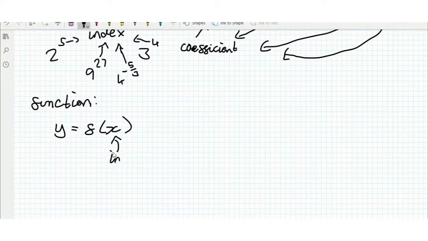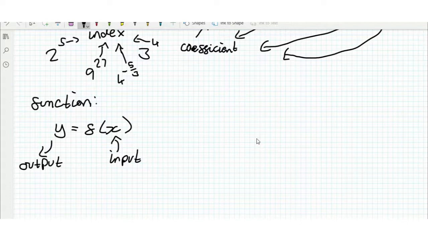So we put something into the function, and that gives us an output. In another video, we're going to look at domain and range of functions, look at finding the inverse of functions and stuff like that, one-to-one functions. But in this video, we're just looking at definitions, and that is the definition we've got.